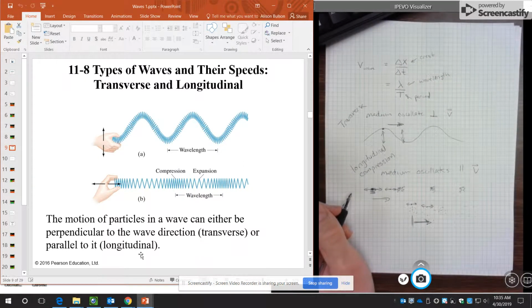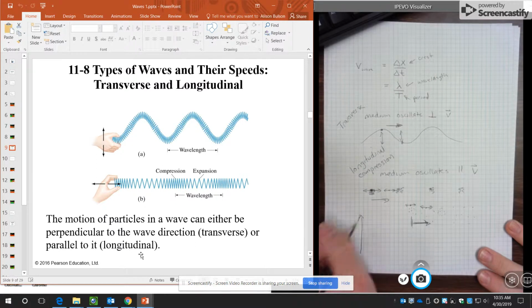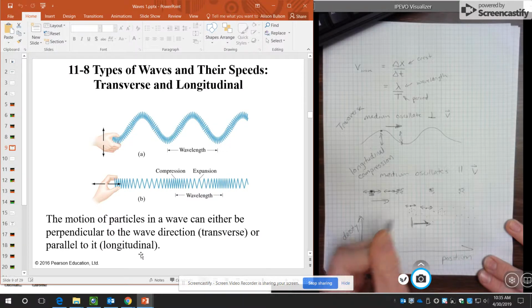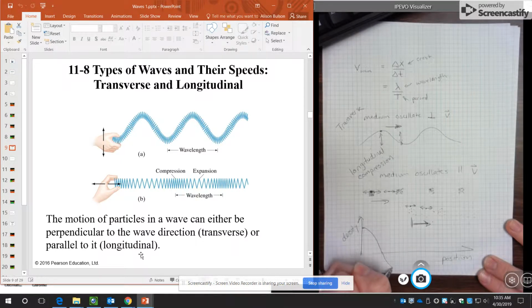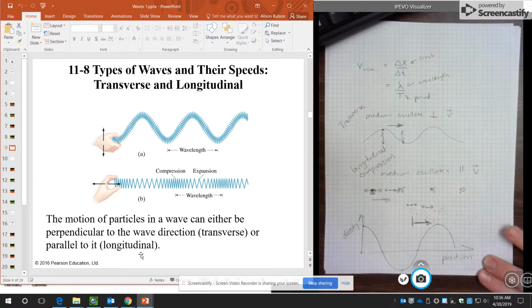A longitudinal wave doesn't look like a sinusoidal wave. It looks like portions that are more dense, less dense, more dense, less dense. But if I were to graph density versus position, I would see high density, equilibrium density, low density, equilibrium density, high density, equilibrium density.